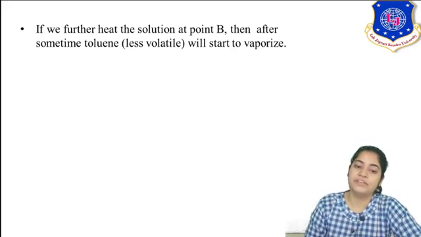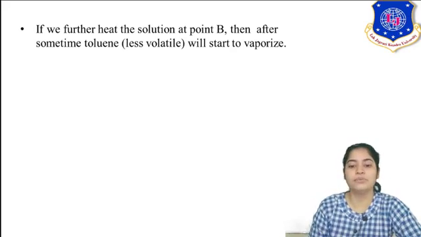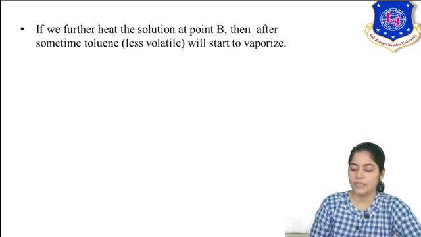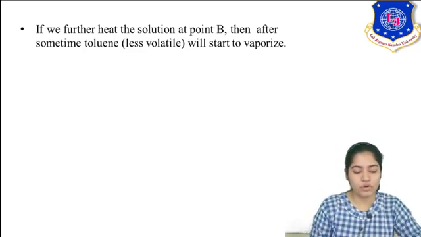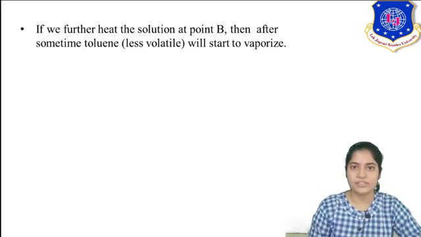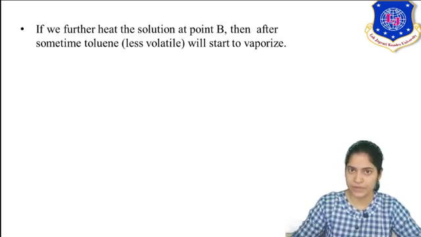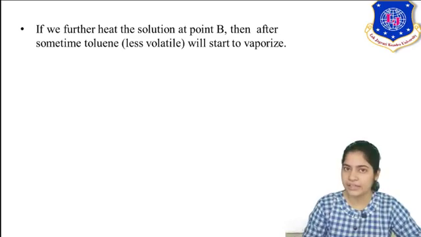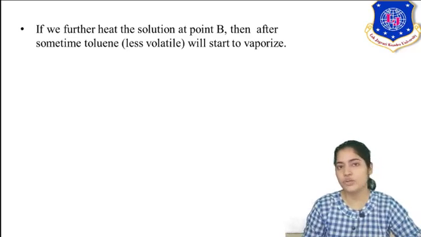Now further, if we heat the solution at point B, then after some time toluene will start to vaporize. I am continuously heating. My more volatile component, that is benzene, is separating out, vaporizing, but now toluene is also present. As I am continuing the heating, I am increasing the temperature. Now after some point toluene will also get some of the energy and it will start to vaporize.